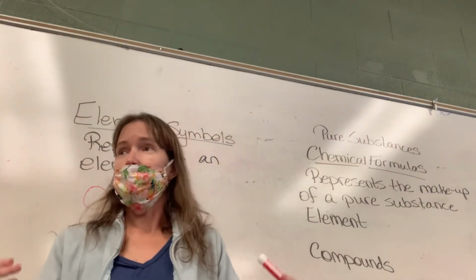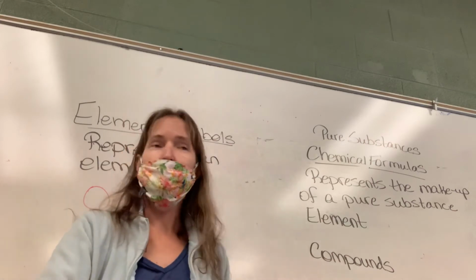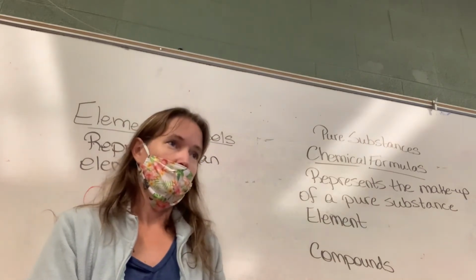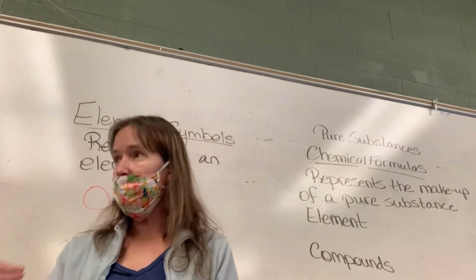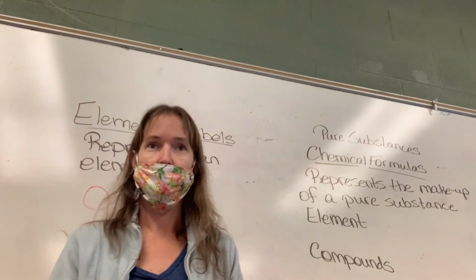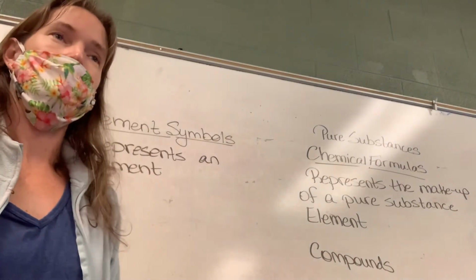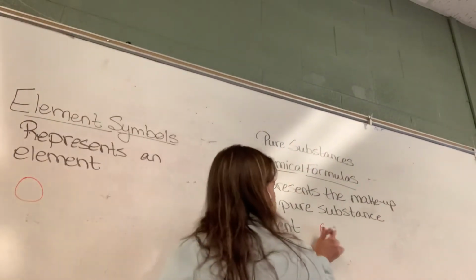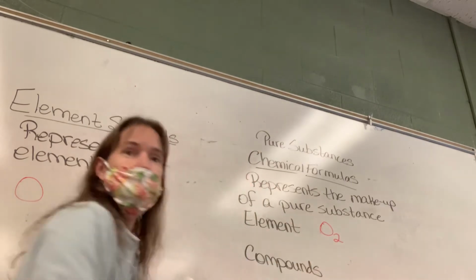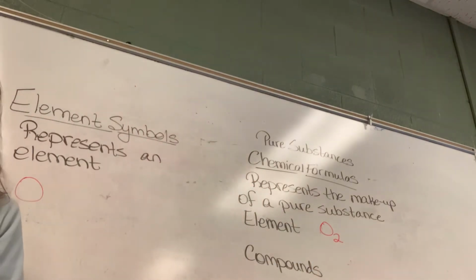So when you breathe in, one of the components of air is oxygen. Does anybody know the chemical formula of the oxygen that you are breathing in air? It is O2. Elemental oxygen is O2.